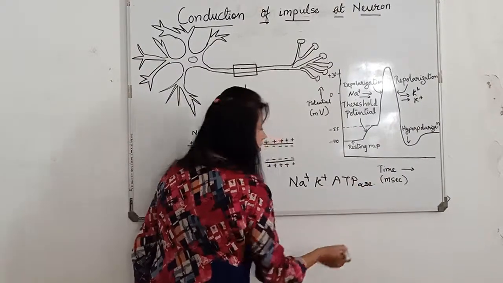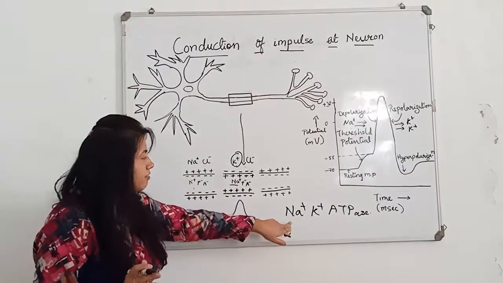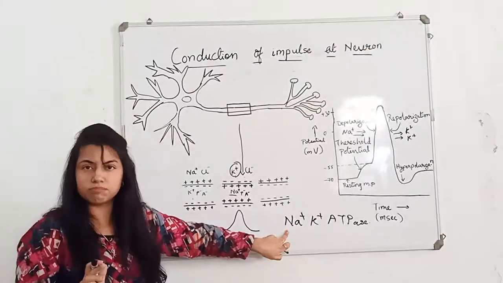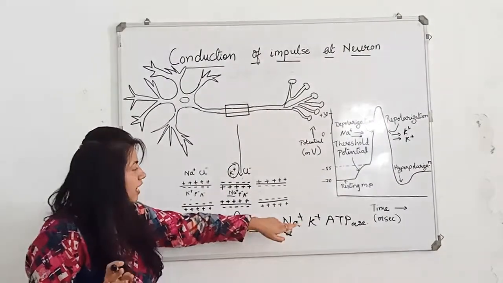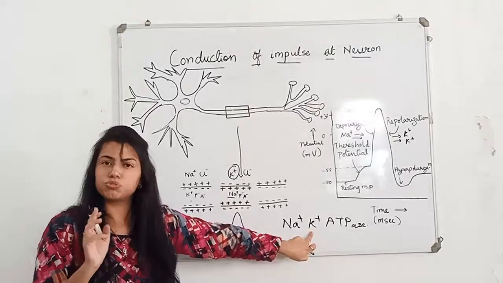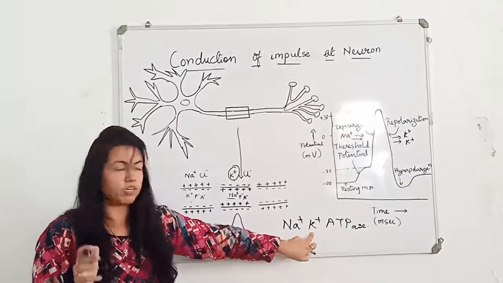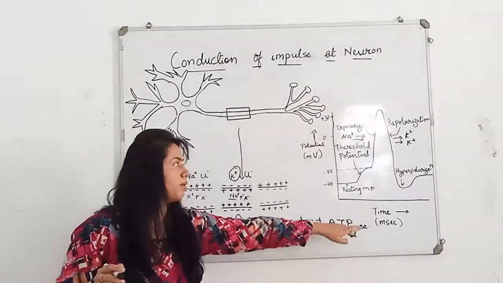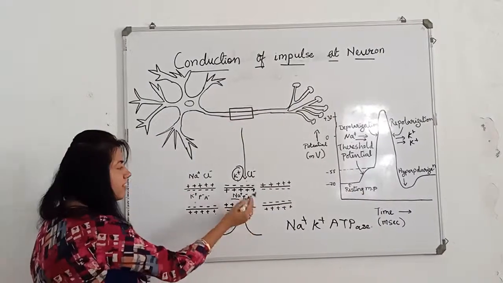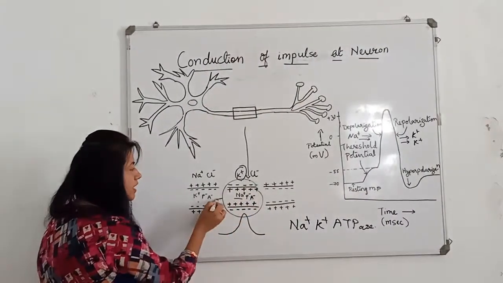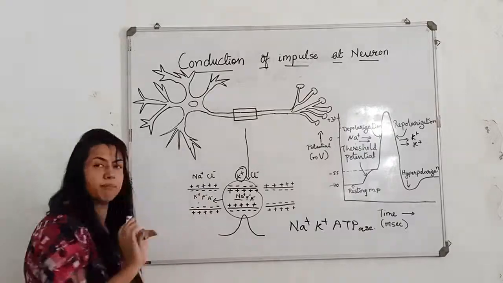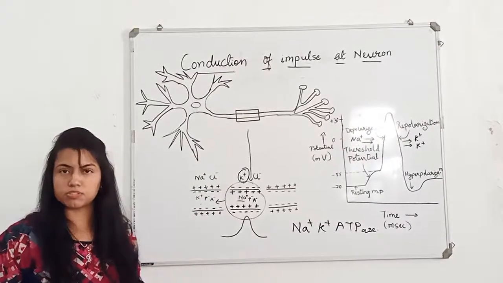How does this pump work? It will throw out 3 sodium ions, and it will bring back 2 potassium ions. And again this part of the neuron is maintained, it comes back to its normal position.